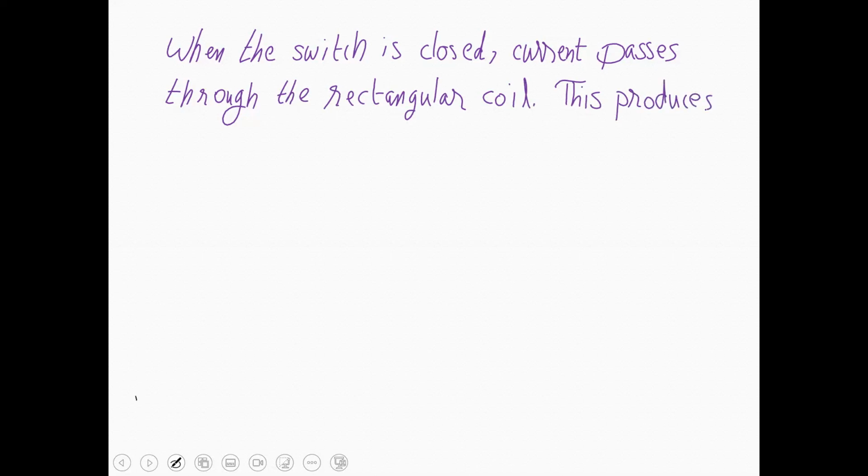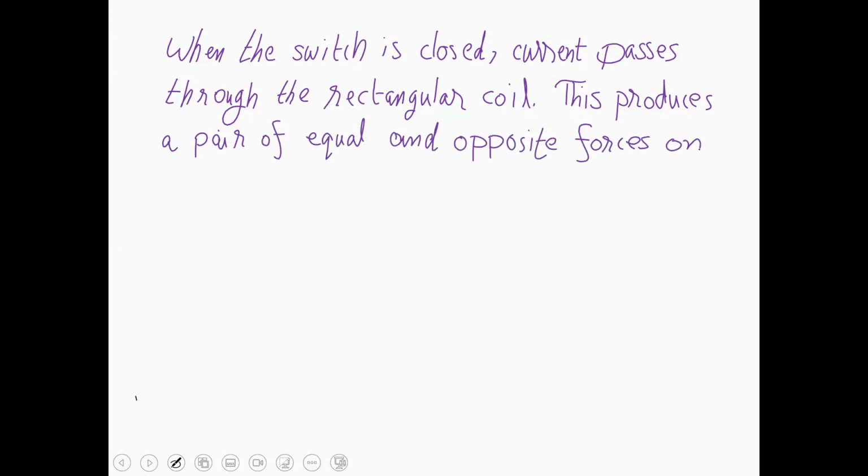This produces a pair of equal and opposite forces on facing edges of the coil.